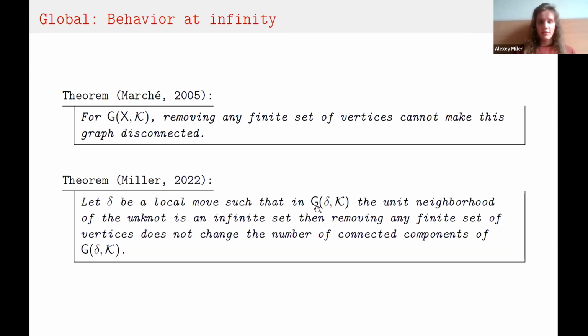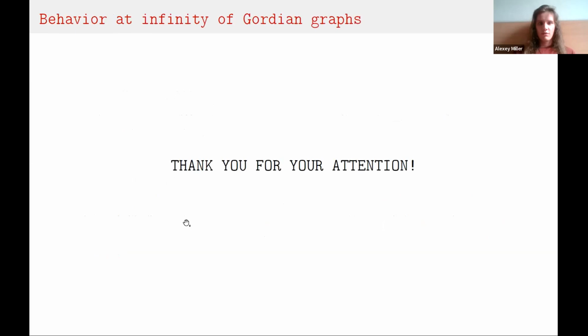Then if it is true, removing any finite set of vertices does not change the number of connected components of this graph. Okay, that's all I want to say. Thank you for your attention.